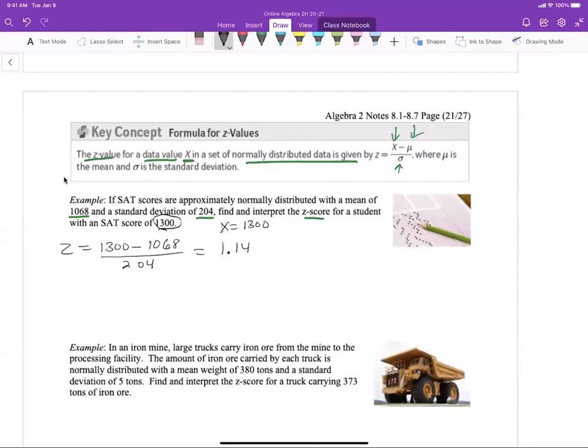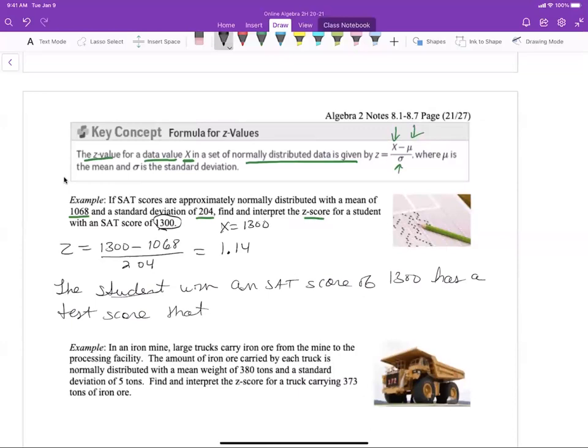So find and interpret. Here's how you would interpret that. The student with an SAT score of 1300 has a test score that is 1.14 standard deviations.